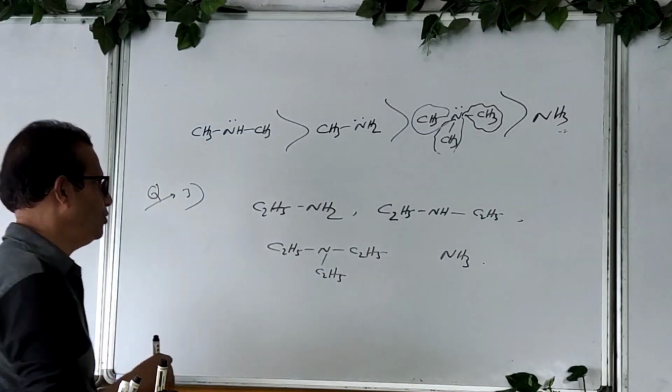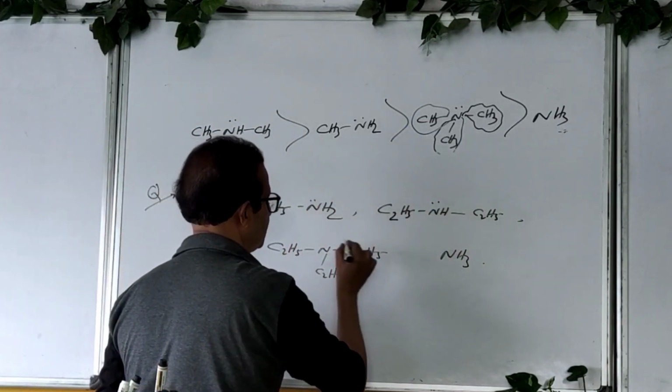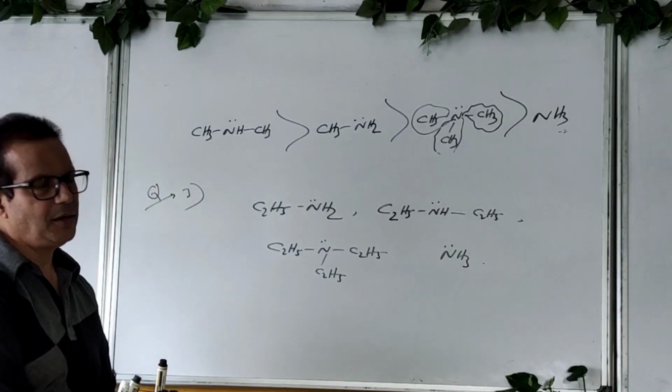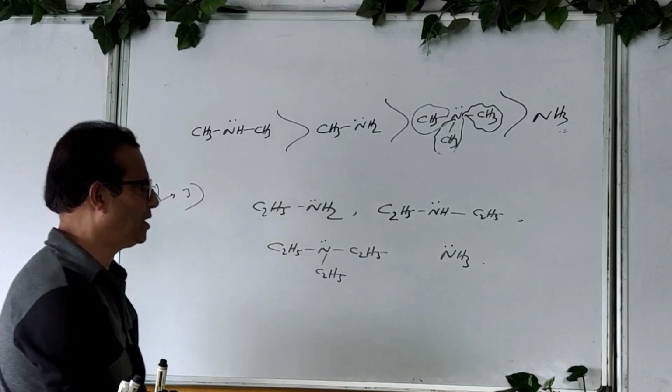Remember it, nitrogen has lone pair of electron. Every time nitrogen has lone pair of electron, okay? Then can you tell me which one is most basic?